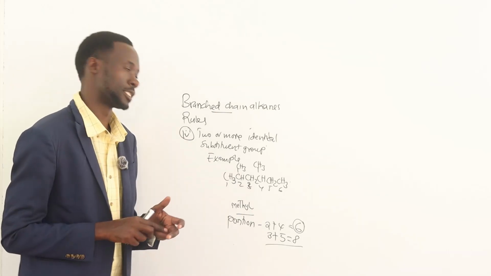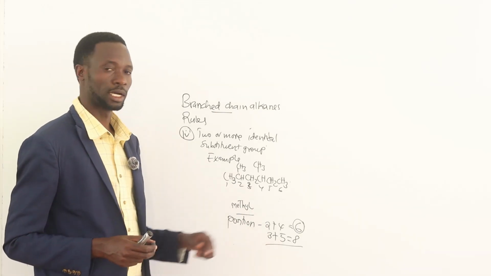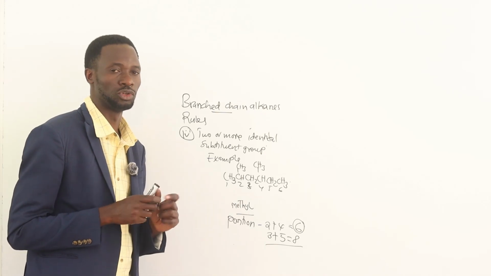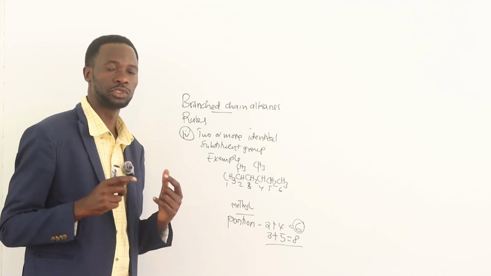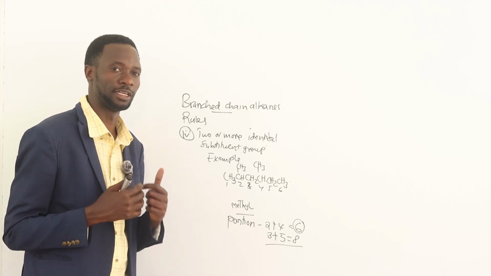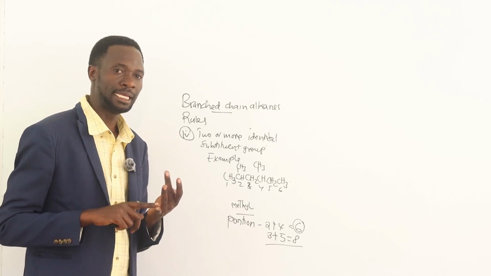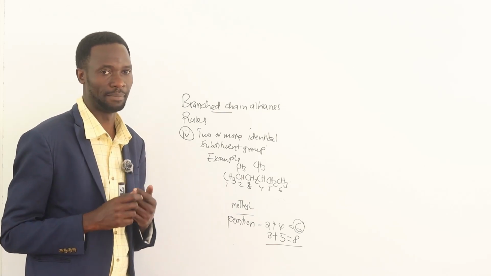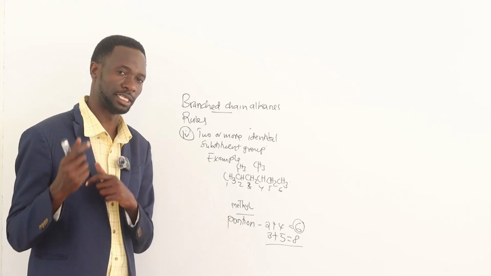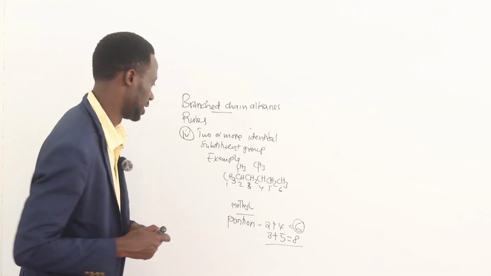Something to note is these locants are going to be separated using commas. And you have to use the prefixes di, tri, tetra, penta, those Greek numbers to indicate the number of the substituent group. This is very important.